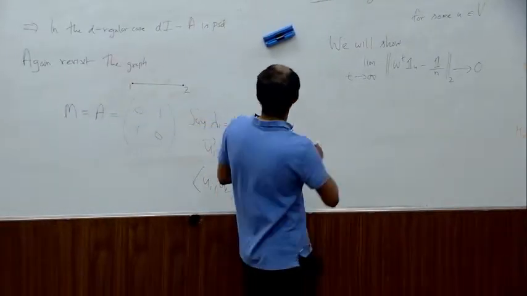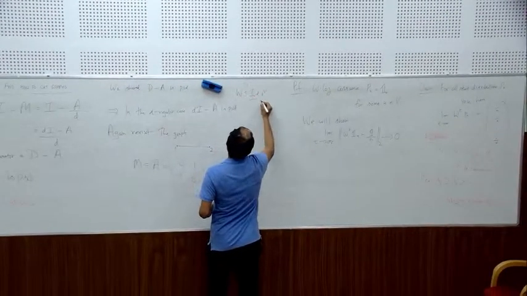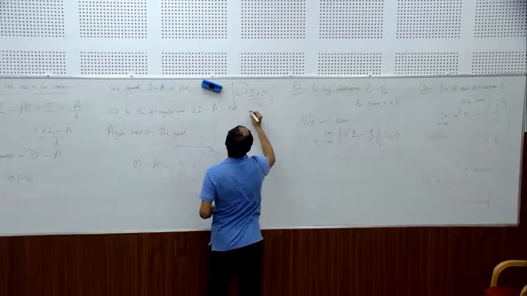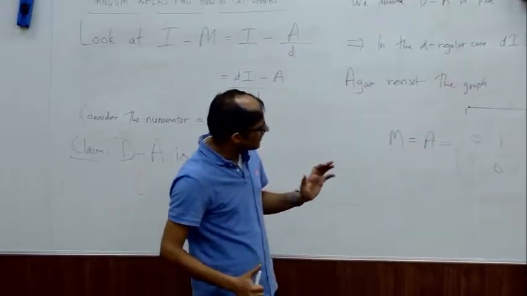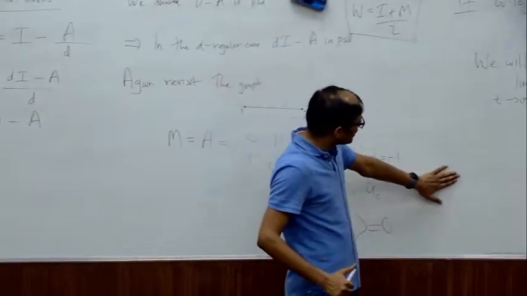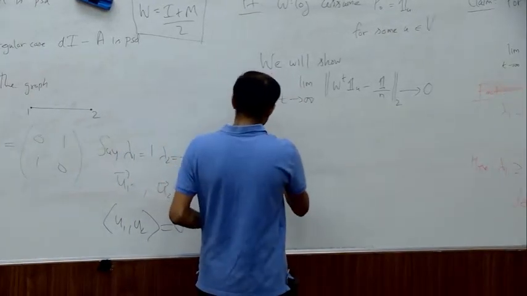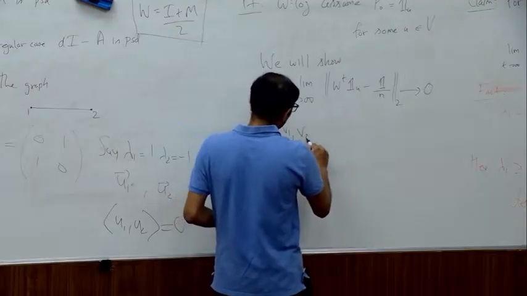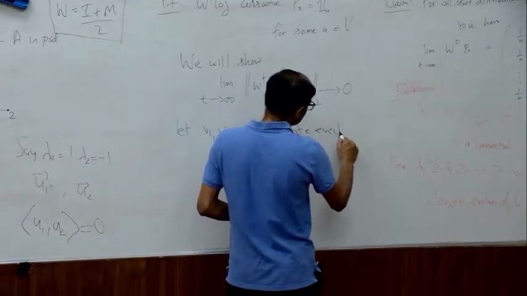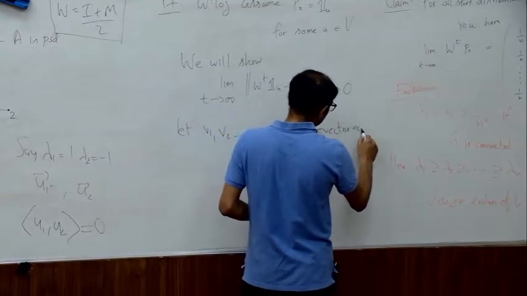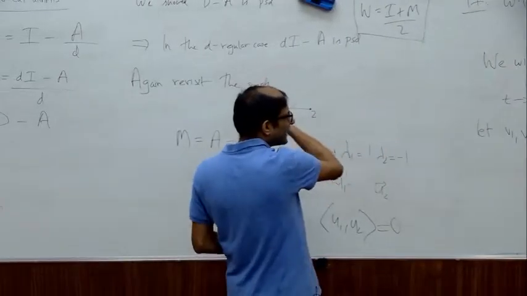So W is I plus M over 2. I'm sorry, I erased that. Okay, that's W. Good. So what I'm going to do is write 1 sub u in the eigenbasis of W. Let V1, V2, Vn denote the eigenvectors of W. Sorry, looks like I'm writing in Farsi or something, right to left.